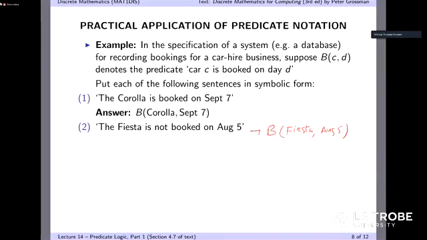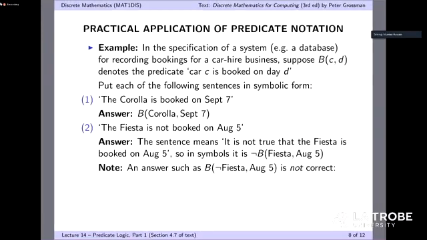And if you ignore not, that means Fiesta is booked on August 5. What about return on August 7? What if you book it and pick it up on August 5 and you return it on August 7, what would that symbol be?